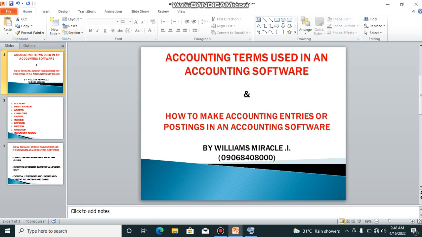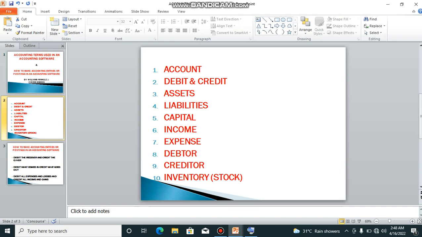Right here we have accounts, debit and credit, assets, liabilities, capital, income, expense, debtor, creditor, inventory. I believe you are all taking note of it.